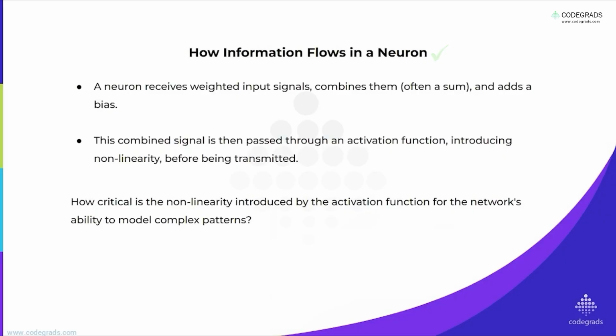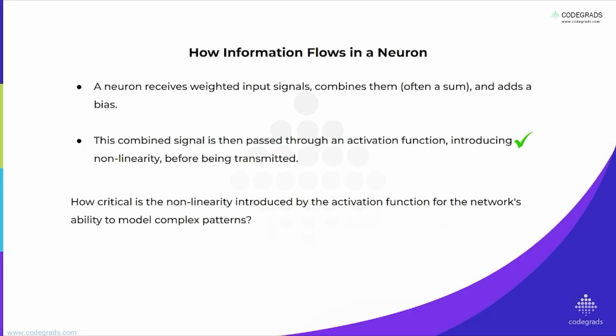How does information flow in a neuron? Now, a neuron receives weighted input signals, combines them into a sum, and adds a bias. So, if there are two neurons connected with each other, there are some weight paths, and the weight signifies the importance of a particular neuron. When we combine the two neurons, we then add the biases to this process. Now, this combined signal is then passed through an activation function, introducing non-linearity before being transmitted.